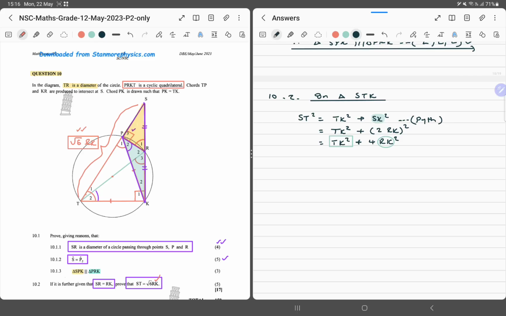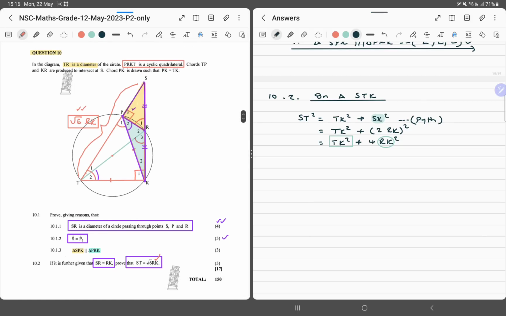But now, how do we deal with this matter so that we succeed? We can say, fine, let's look at this business here, because if they ask us to prove something above, we are almost always going to need it. Can we use those triangles to derive something about TK?